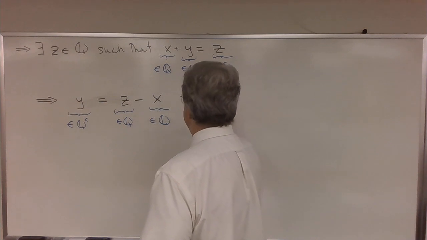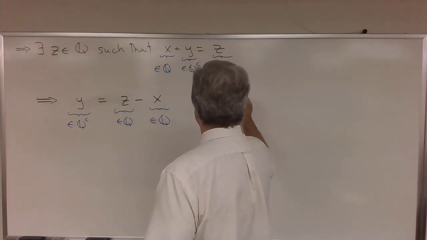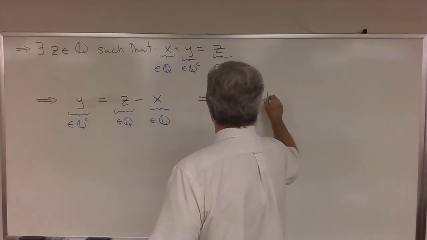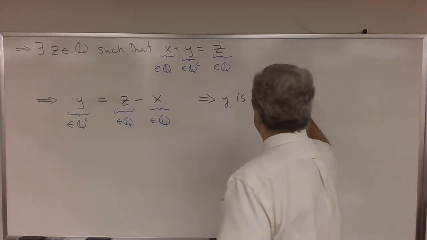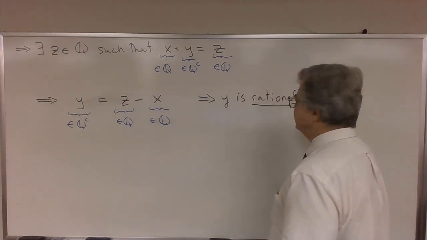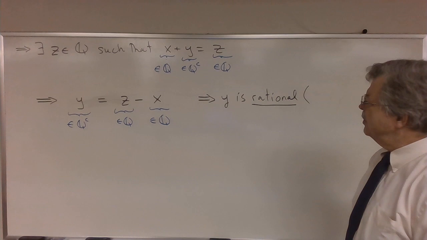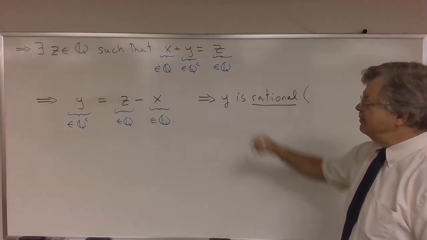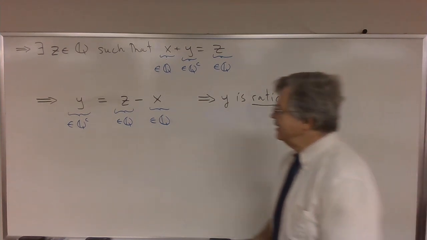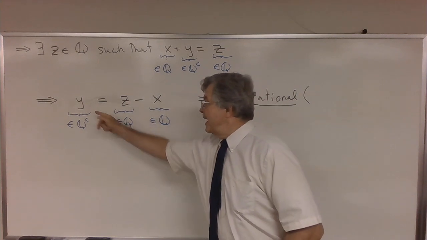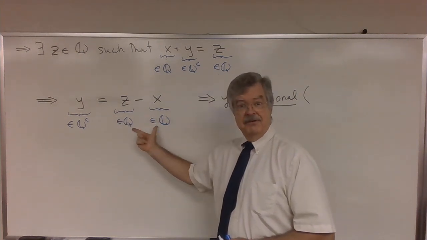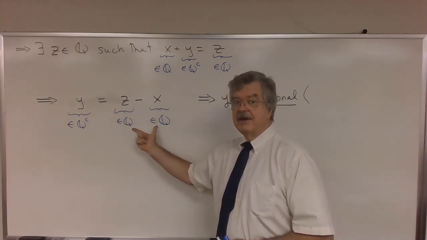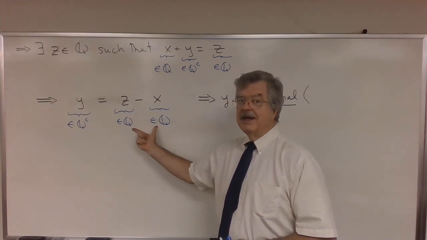This tells us that y is rational. Why? Why is y a rational number? Because y equals the difference of two rational numbers, and we know that that's rational.